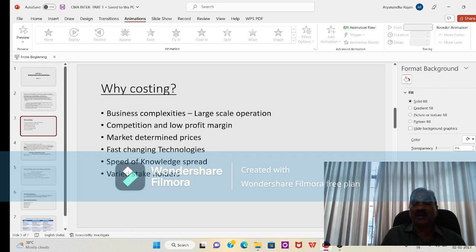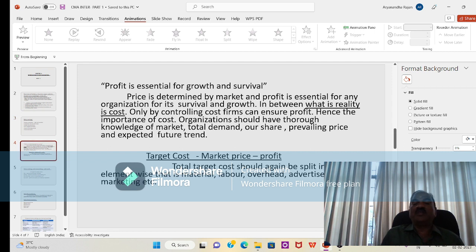So, any organization has to work in this atmosphere, earning profit. Earning profit is a must for an organization for survival. And profit is essential for growth and survival.